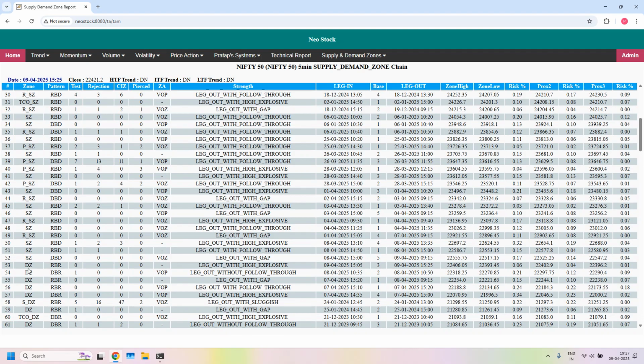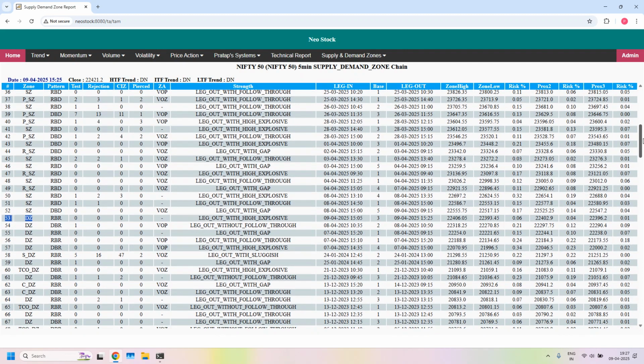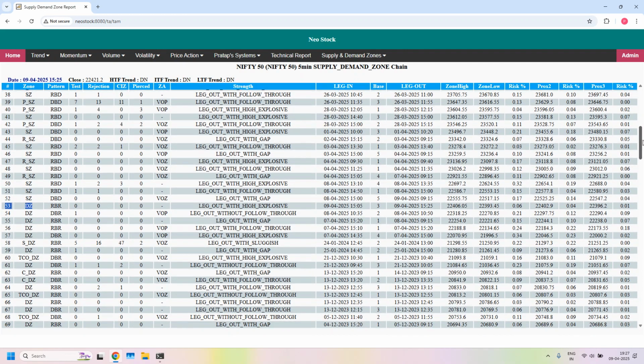Here also you have all supply zones, and here serial number 53 is the nearest demand zone to the current closing price. Let me put it in the center. Okay, this is the 5 minute supply demand zone chain for Nifty.